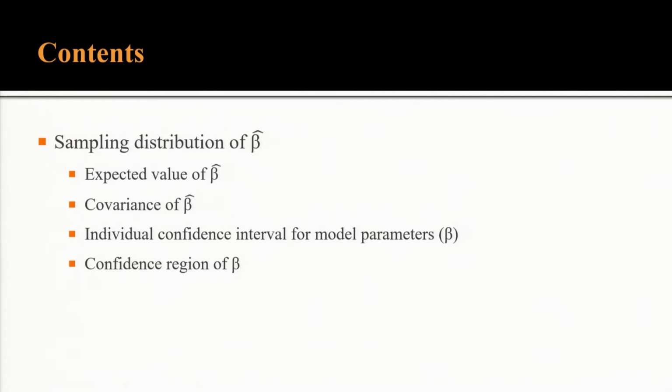So today you will see the sampling distribution of beta. In the process you will learn the expected value of beta cap, the covariance of beta cap, then individual confidence intervals for model parameters, as well as the confidence region of beta.